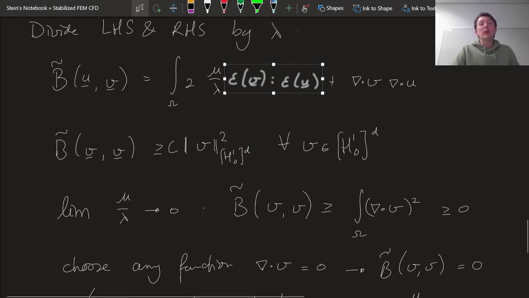Even in the limiting case where mu over lambda is exactly 0, I would have to look into whether that still permits a solution or not. Clearly, we don't have a coercive problem anymore, because at that point the coercivity constant is precisely equal to 0. But we said before that is not necessarily a complete problem.